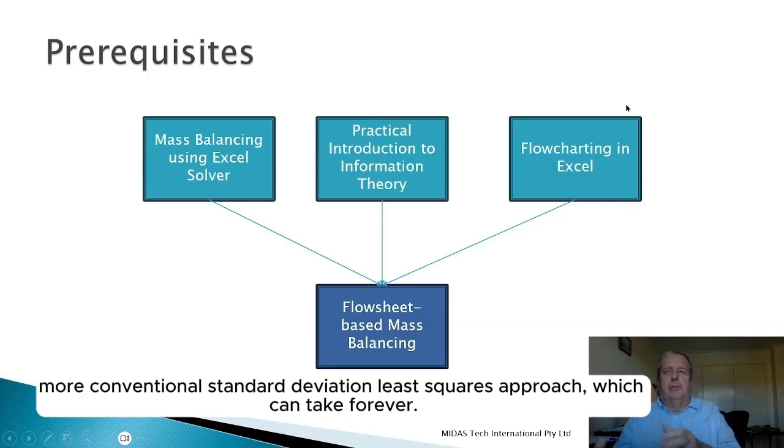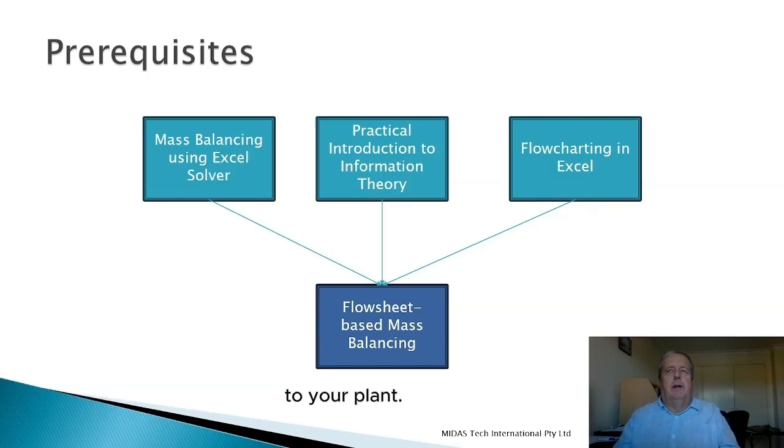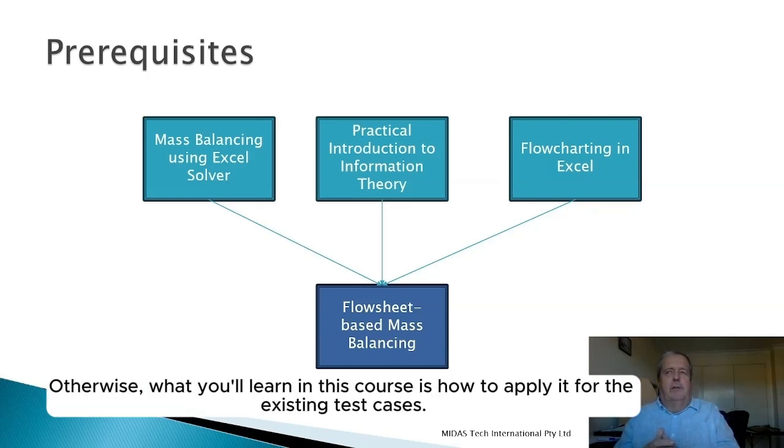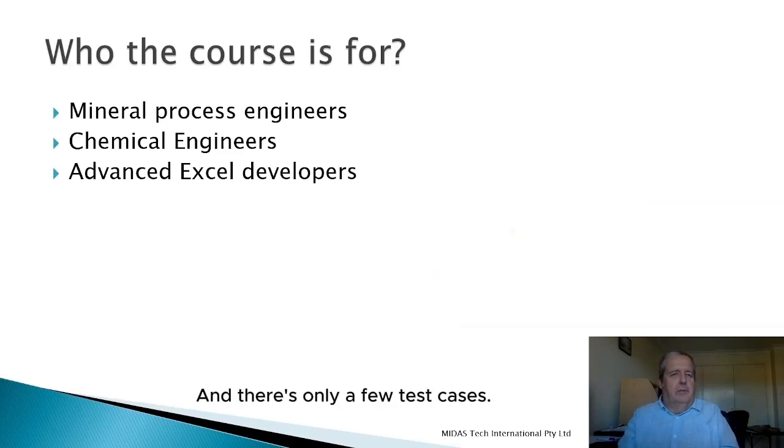The other course is flowcharting in Excel, which really is suitable if you want to apply this software to your plant. Otherwise, what you'll learn in this course is how to apply it for the existing test cases. And there's only a few test cases.